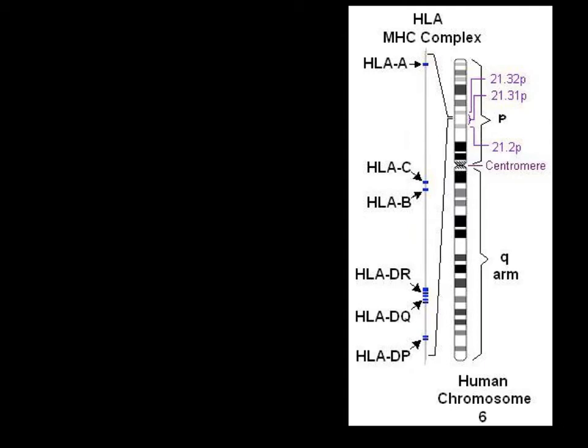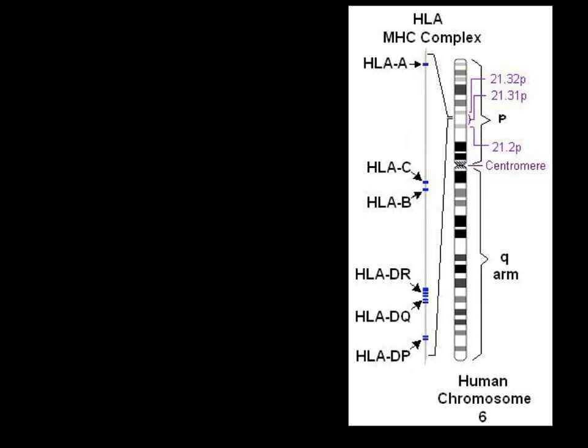And you can kind of get the idea here from this diagram, I think, that those genes are all clustered very close together in a very small region, almost right in the middle of the P arm there of chromosome 6. And that cluster again is called the major histocompatibility complex.